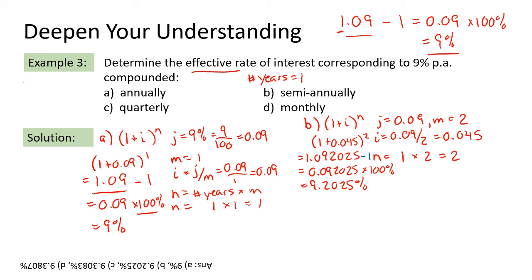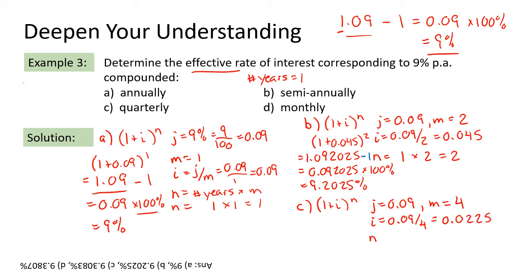Okay, item C, quarterly. Okay, again, we're starting with 1 plus i to the exponent n. j is the same, 0.09. m in this case is quarterly, so it's 4, which gives i of 0.09 divided by 4, because our number of compounding periods is 4 this time, which is 0.0225.